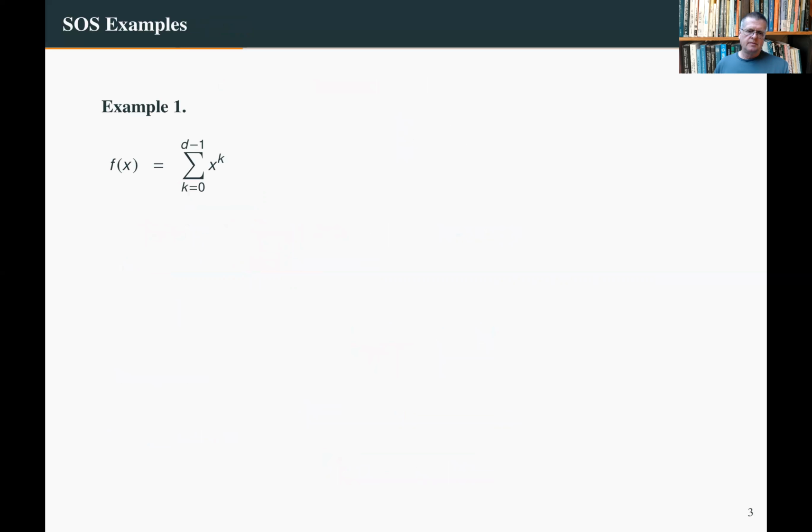Let us look at 2 examples. So here's a polynomial, simply the sum of x to the k. And now you can verify that we can write it in this way as a product of 2 polynomials. So here you see a prefix of this polynomial, just the same sum, but only up to square root d.